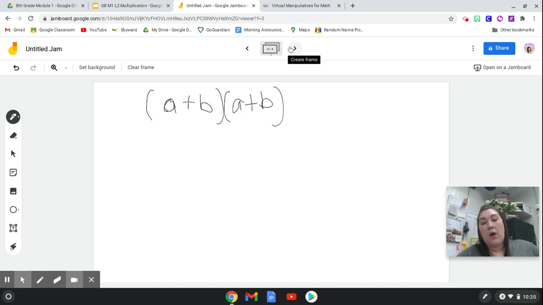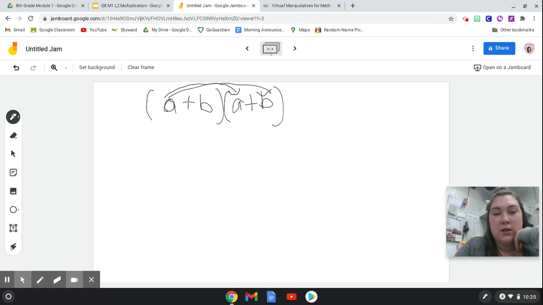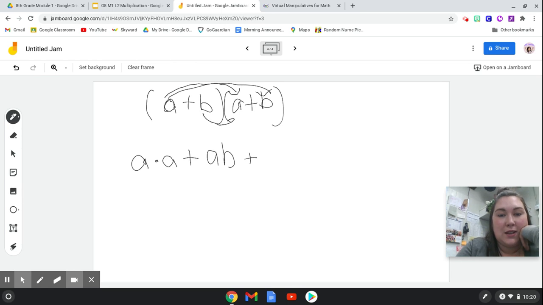This last one's the hardest because it's a lot bigger. So with our distributing, I have to distribute my first number to both of these. So that leaves me with a times a plus ab. And now I have to distribute my second number as well.